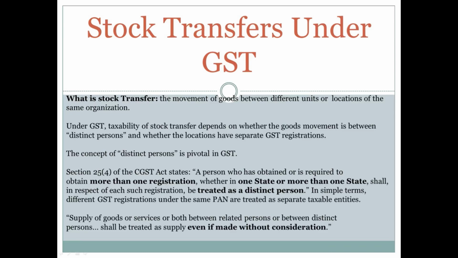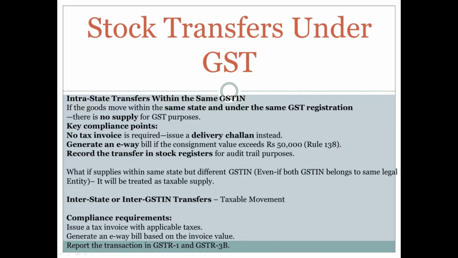In simple terms, different GST registrations under the same PAN are treated as separate taxable entities. Supply of goods or services or both between related persons or between distinct persons shall be treated as supply, even if made without consideration. Let's move further to understand scenarios of stock transfer.